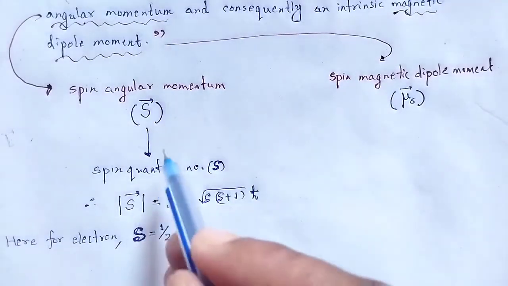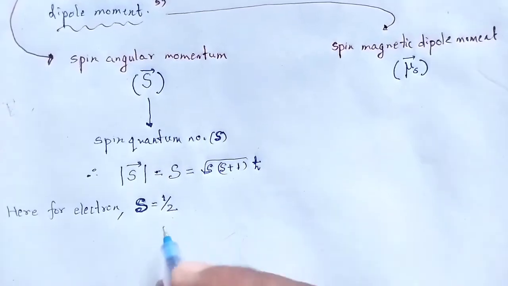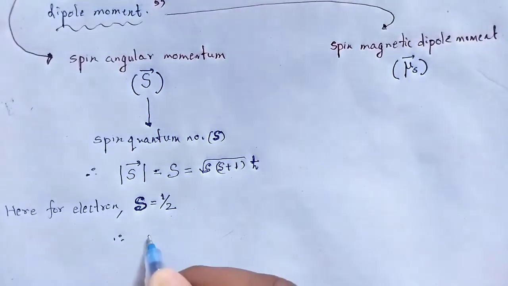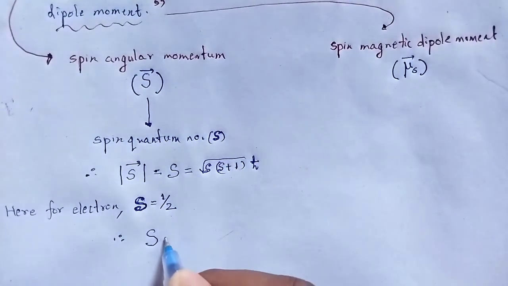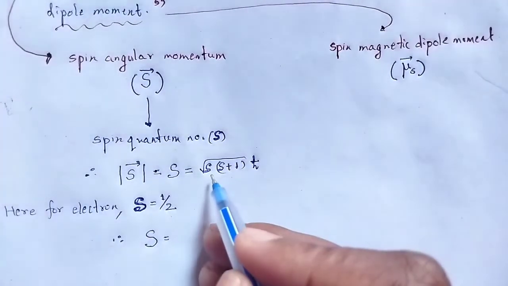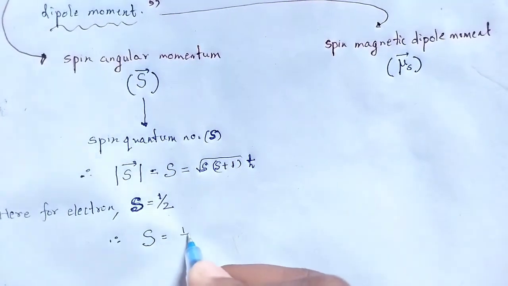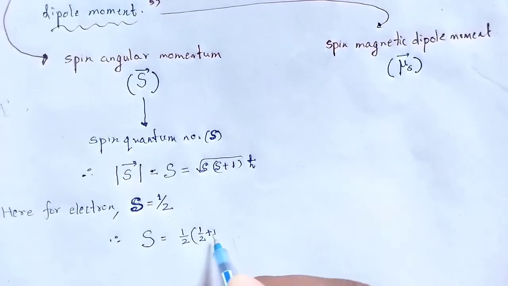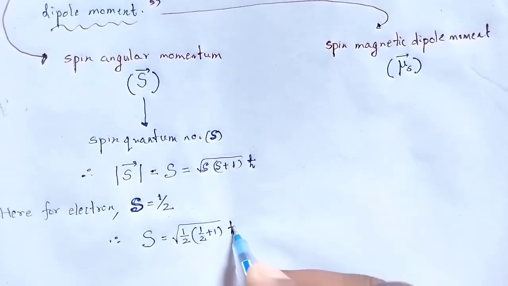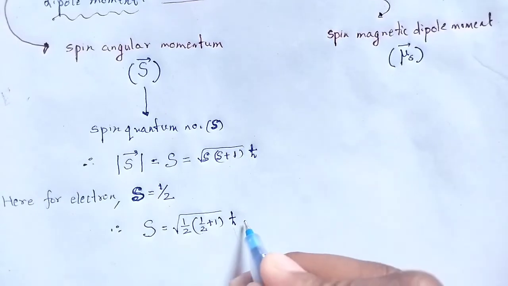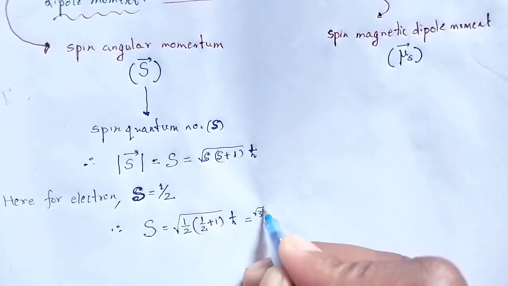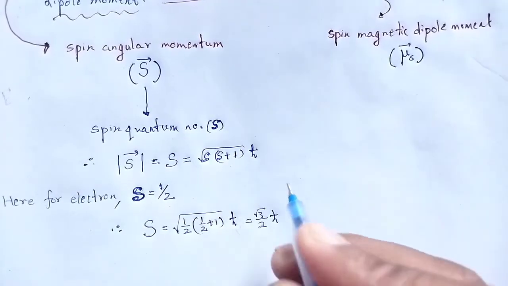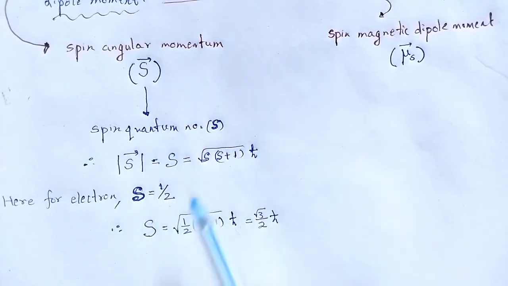Now the spin angular momentum will be, putting the value of s as half, S equals the square root of half times (half plus 1), times h cross, that is root 3 by 2 h cross, the spin angular momentum.